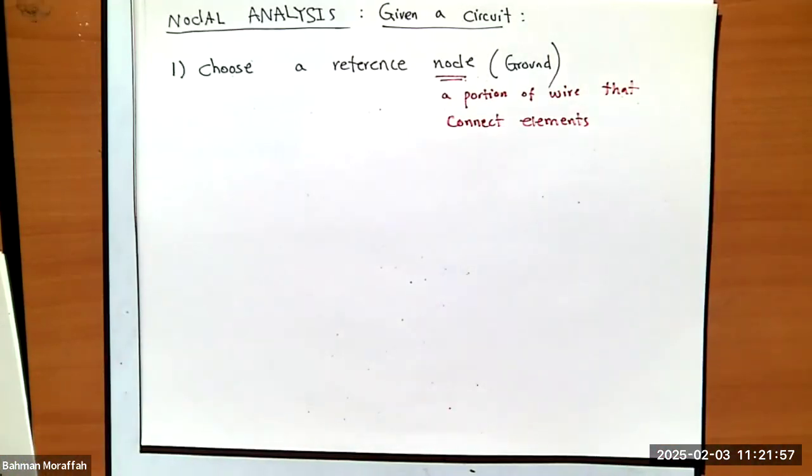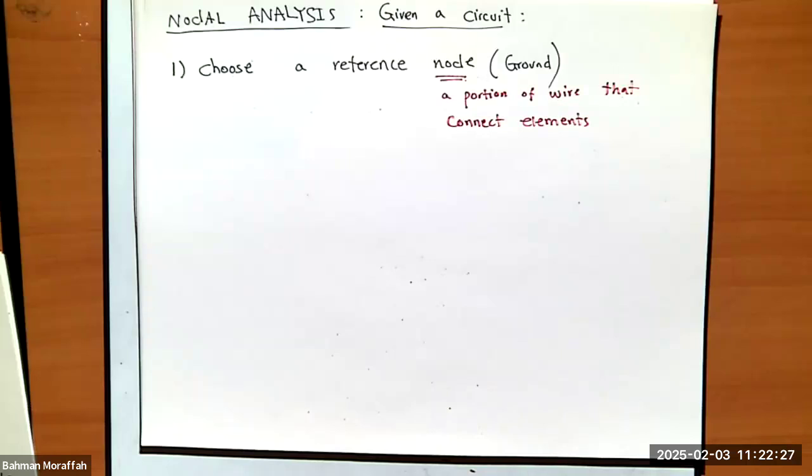What is a reference node? A reference node is a node in the circuit that we're measuring the voltage across basically any other node with respect to that node. And we can choose any number for it. We can assign any number to that voltage node, which we call the reference. What is the easiest number that we can assign to anything?